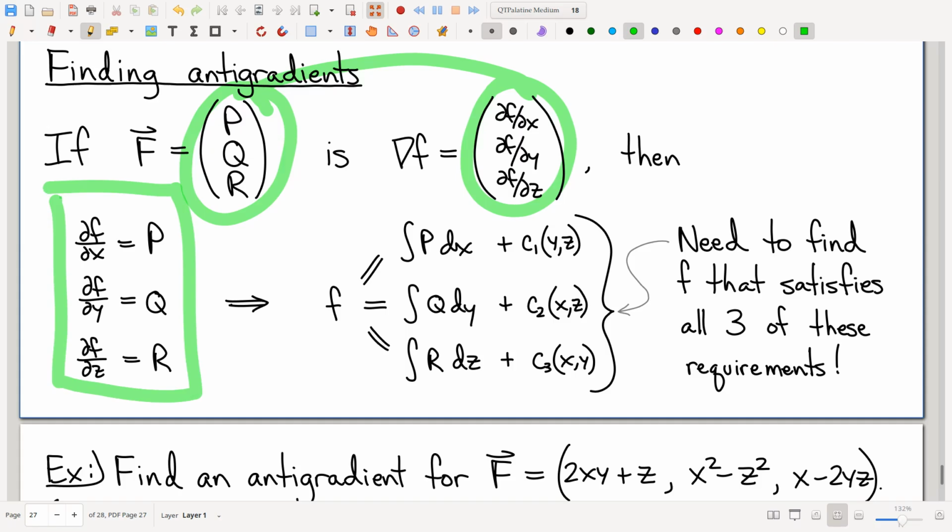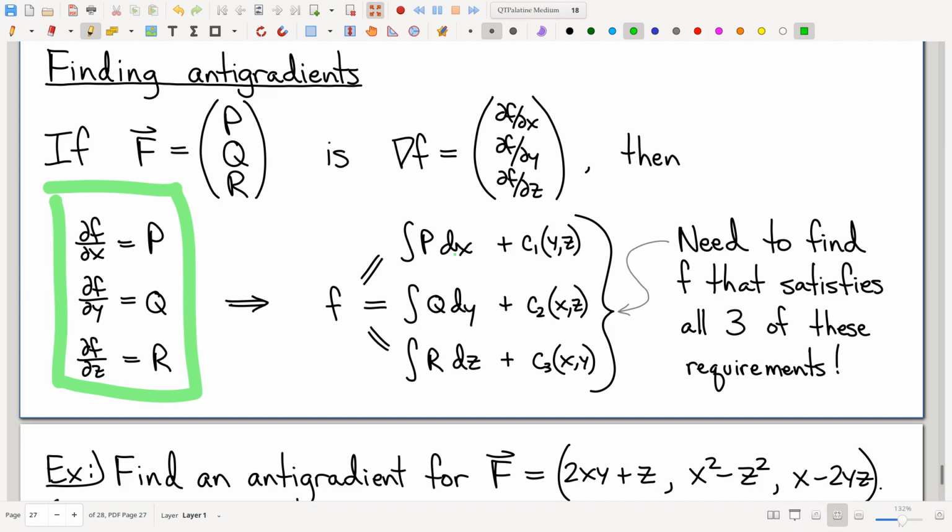Now let's look at these 3 equations, and let's write these backwards. You've got to think back to single variable calculus. If the derivative of f is p, then f is an antiderivative of p. This is grammatically backwards, basically the same statement. This, though, is about partial derivatives. So this is a partial antiderivative.